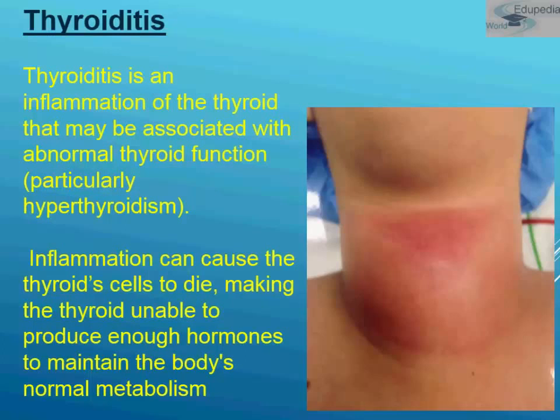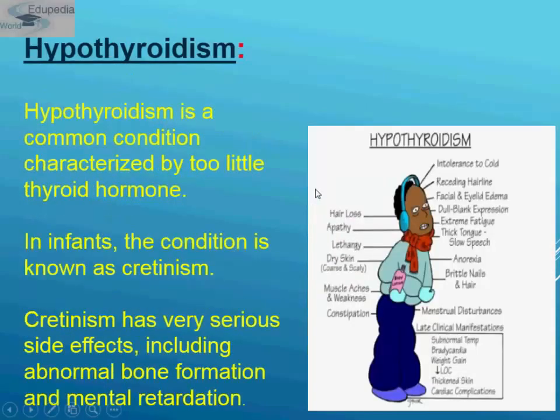Inflammation can cause the thyroid cells to die, and make the thyroid unable to produce enough hormones to maintain the body's normal metabolism.